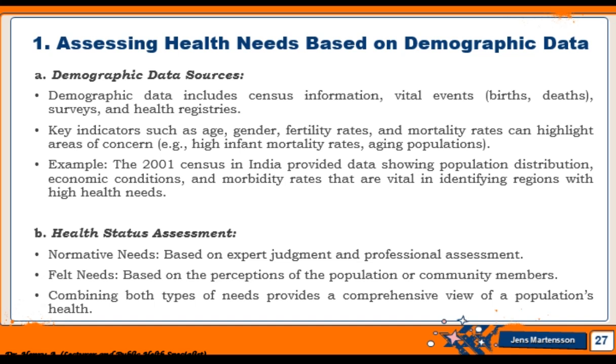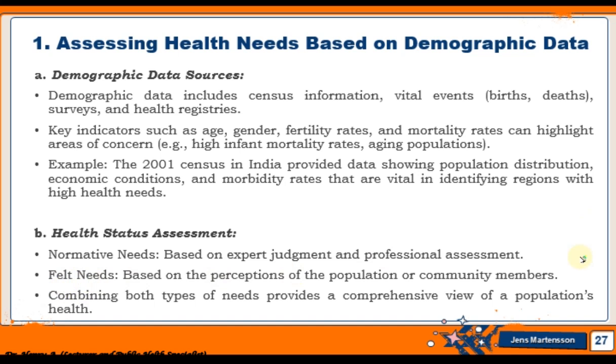Now under health status assessment, health needs assessment rely on two key types. So in other words, there are two types of needs that help to give a comprehensive understanding of any population set. For one, we take the normative needs, and then the felt needs, that's number two.